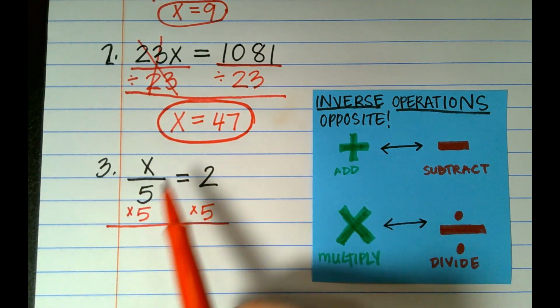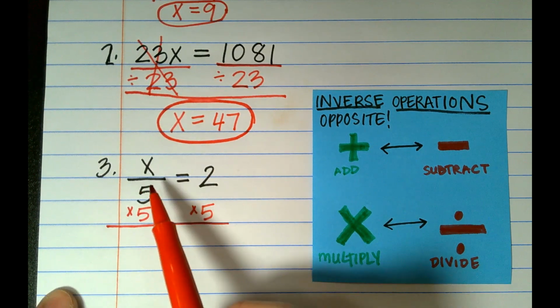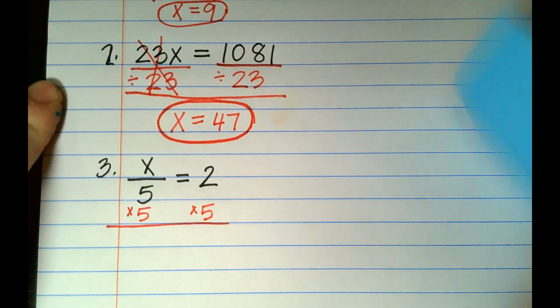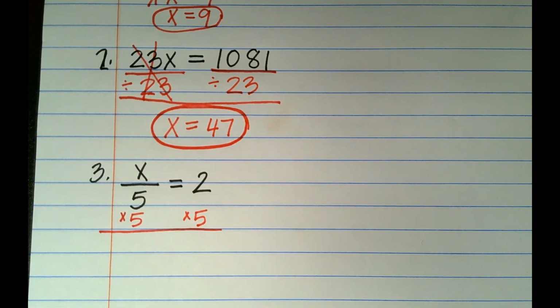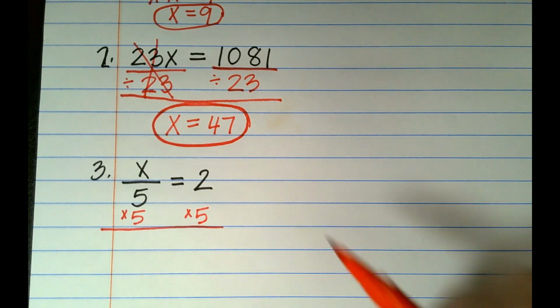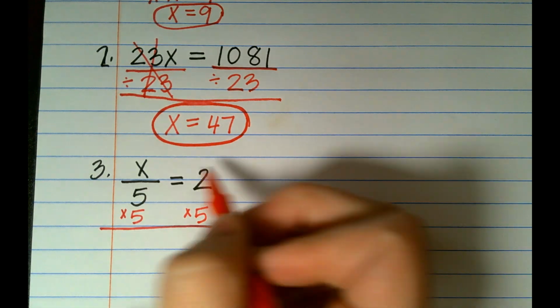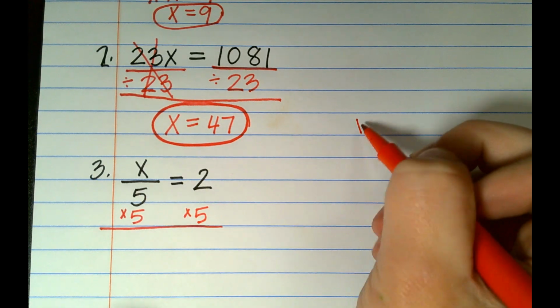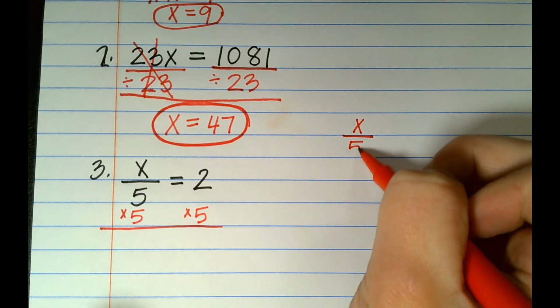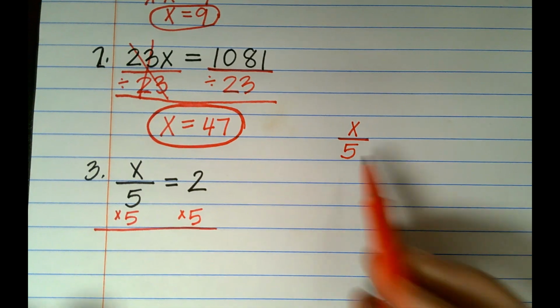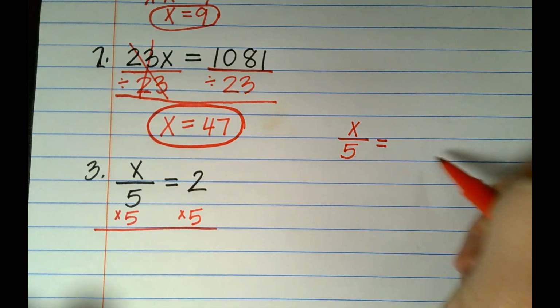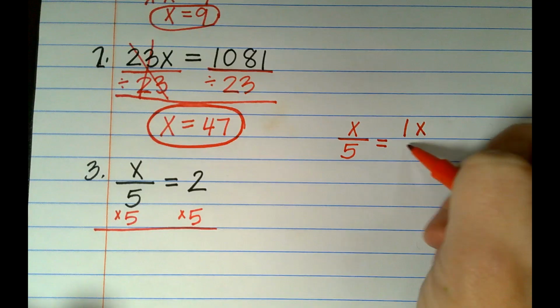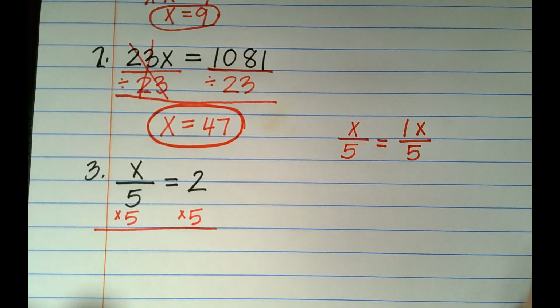Now, you're not really doing 5 times 5. Here is what's happening. These will cancel, and you could just memorize that, but I'm going to give you a mini 5-minute fraction theory lesson. You don't have to know this technically, but it is good to know. X over 5 is also like saying 1x over 5.